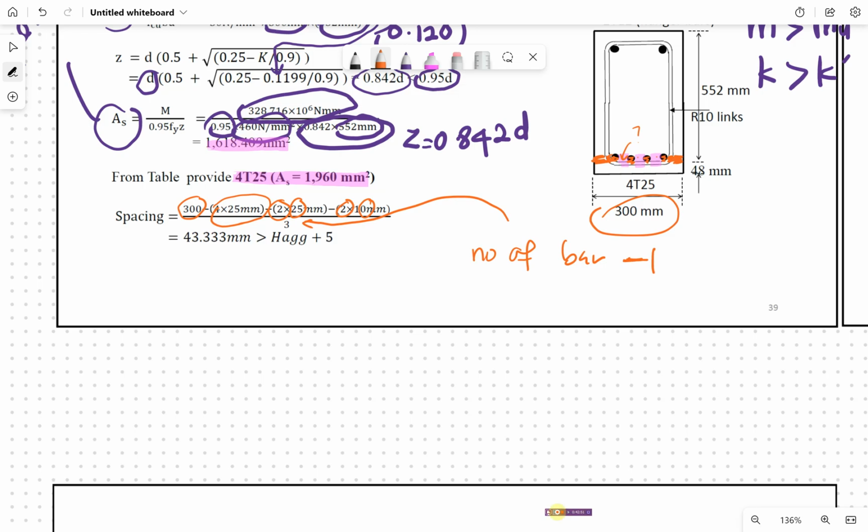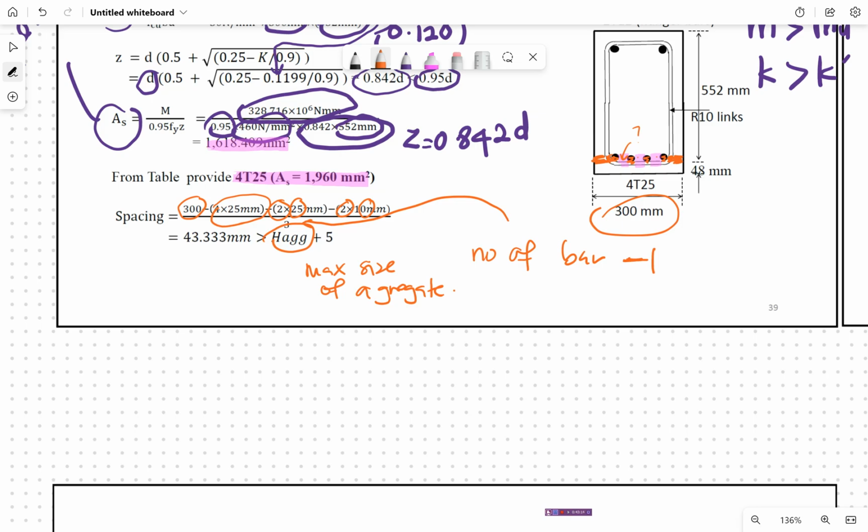Okay. Bila you kira, you dapat lah 43.333. Alright. So value ni mesti lebih besar daripada HAGG plus 5. So HAGG tu adalah maximum size of aggregate. Normally untuk building, kita akan pakai aggregate yang paling besar dalam campuran konkrit tu adalah 20 mm.